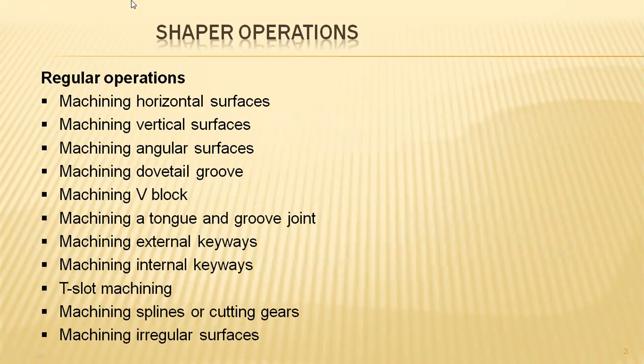Coming to the different kinds of operations that are progressed as per shaper operations, on a regular basis we will have different kinds of shaping machines as per weight considerations and dimensional considerations. The entire machinery has been classified into different groups.